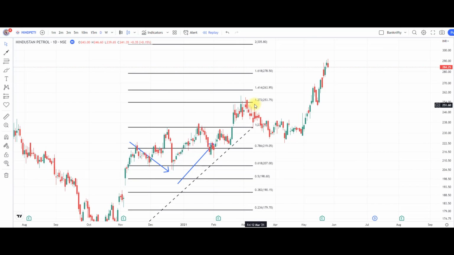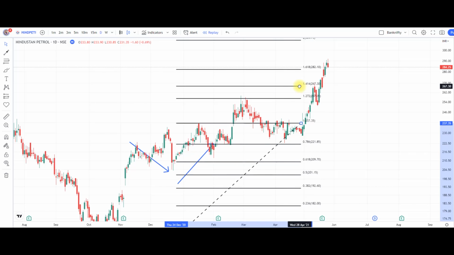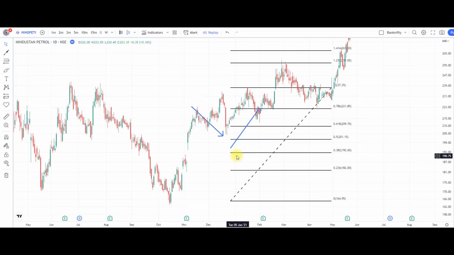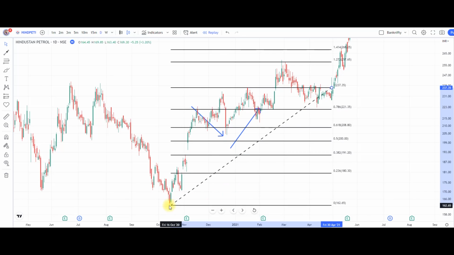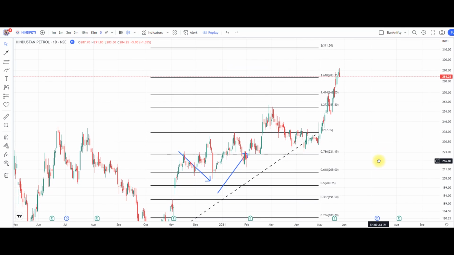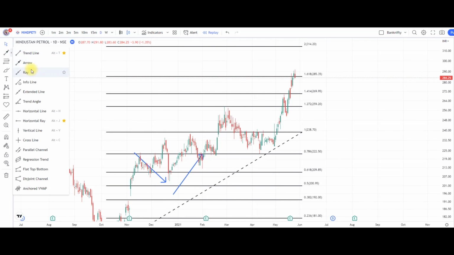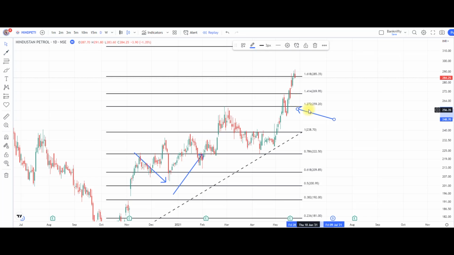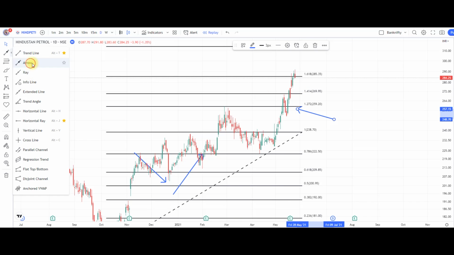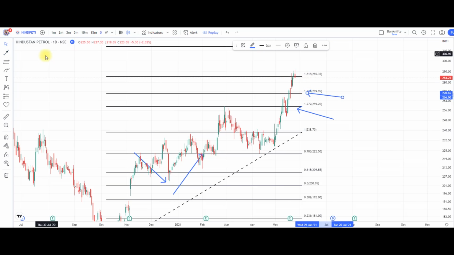Okay, you can see here this is the second target 1.414 and the third target is 1.618. So we have drawn from here, right? Okay, so as we discussed, the first target is 1.272. This is the first target. Second is 1.414 and the third target is 1.618. So all our three targets got achieved.